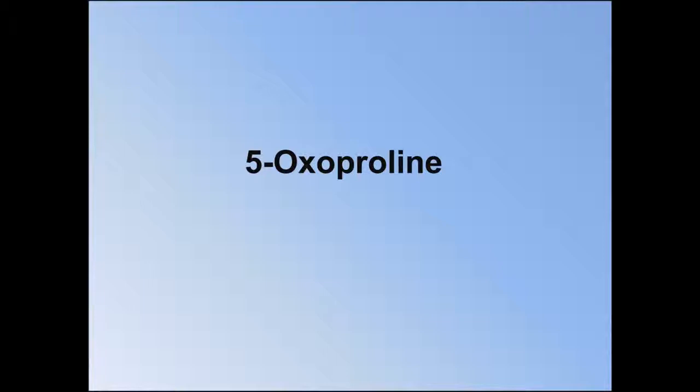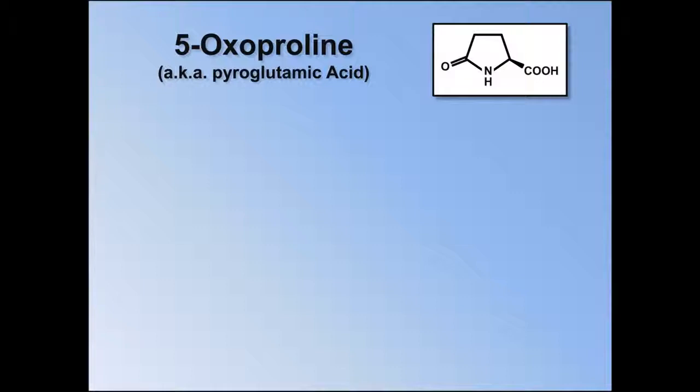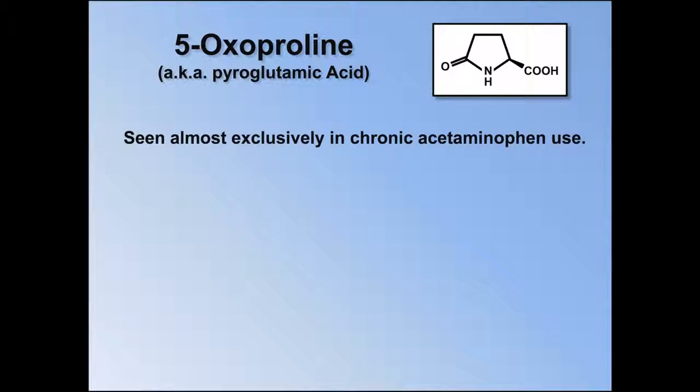Next is the most recently discovered cause of an elevated anion gap metabolic acidosis, a naturally occurring metabolic intermediary called 5-oxoproline. 5-oxoproline, also known as pyroglutamic acid, is part of an interesting metabolic derangement seen almost exclusively in chronic acetaminophen use, which blocks production of glutathione.